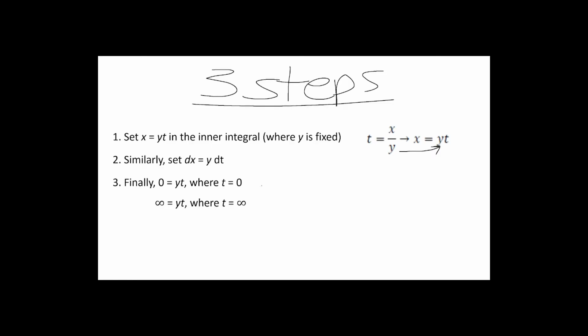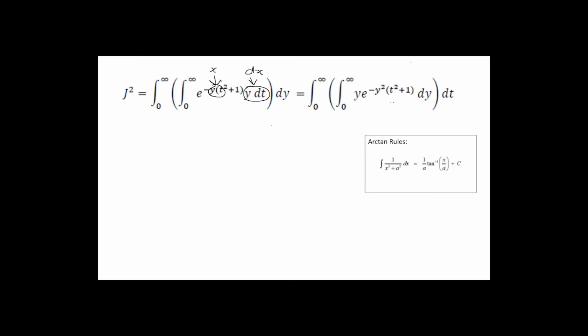Now let's substitute these steps into the integral, which becomes this, replacing dx with y dt and x with yt, which can be simplified down even further to become this, moving the y over and switching dy and dt. This interchange of integrals is justified by Fubini's theorem for improper Riemann integrals.